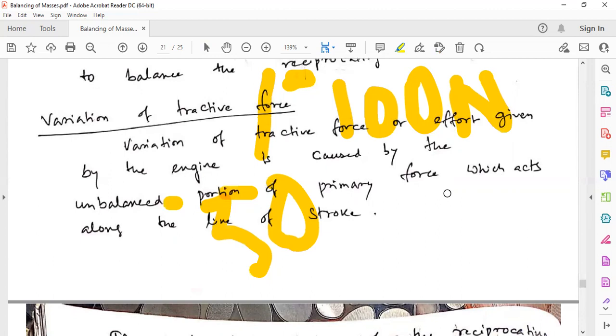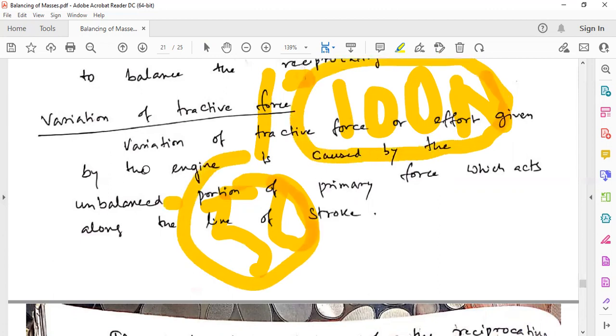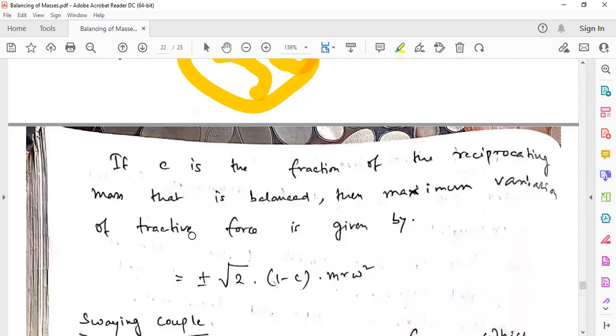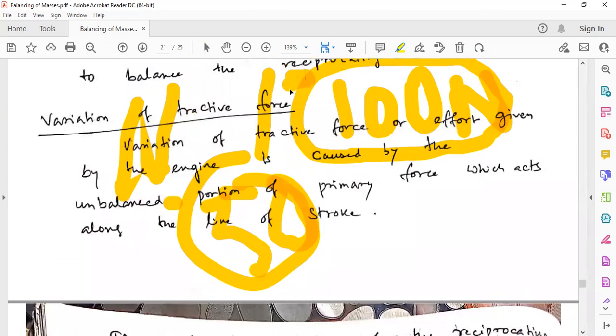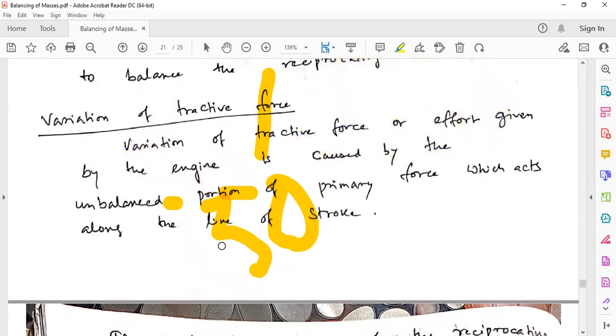Because of that, the intermittent movement is there. So you can say there is a maximum value and a minimum value. From minimum to maximum or maximum to minimum is called the variation. So the maximum variation will be the difference between the maximum and minimum values, and that is given by this formula.